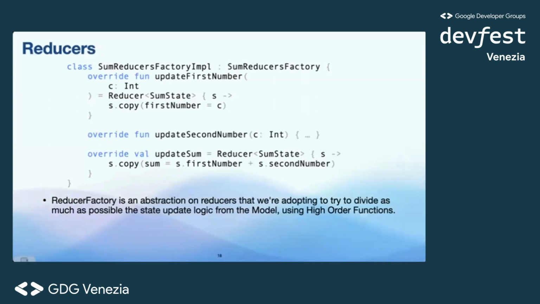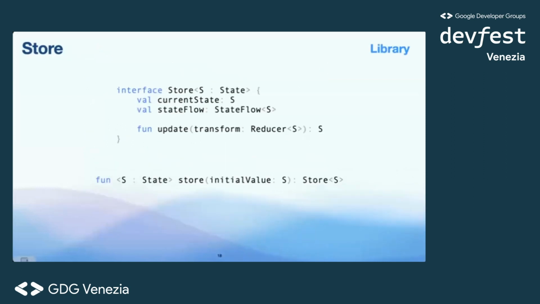Let's see what's next. We're going to see who is holding the state. I talked about it before, the store. This is the store in our library. It has 3 properties: current state, which is based on state, a flow of states, and a function update that takes as input a reducer based on S, on state, and it returns the state.